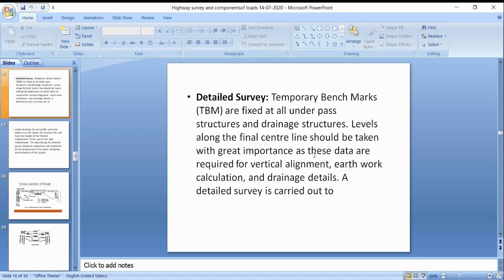Any existing drainage also we have to see, and natural water sources.